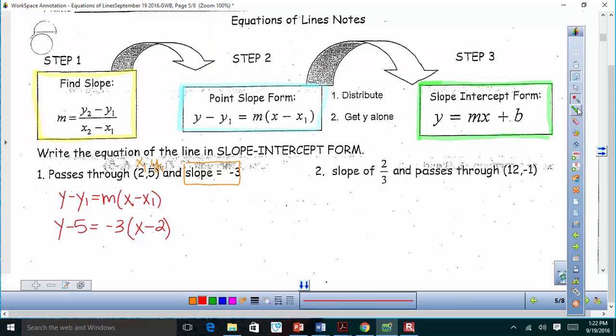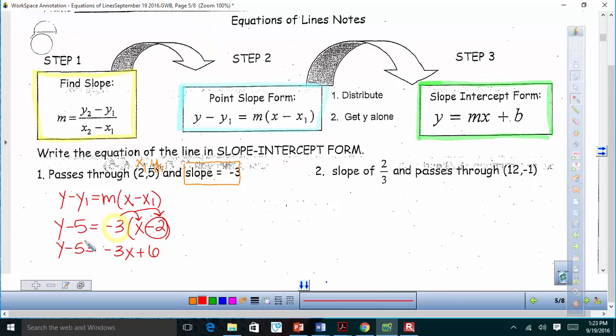So what are we distributing here? Negative 3. So I'm going to take negative 3 and multiply it by both things in the parentheses. So I'm going to bring down y minus 5 equals negative 3 times x is negative 3x. And then this is like saying negative 3 times negative 2. What's negative times negative? Positive 6. Okay?